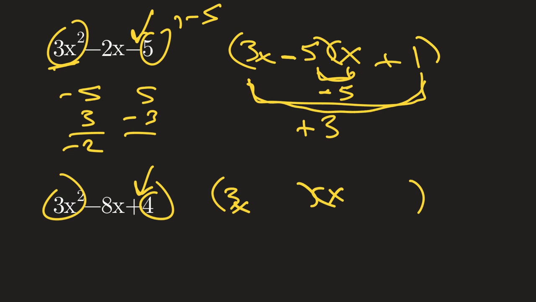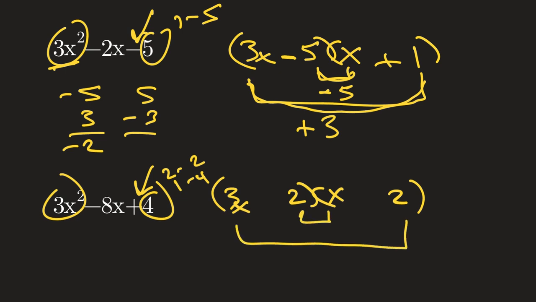What are they? There we go. Okay, so again, we have a number that has options, right? 4, we can go 2 times 2 or 1 times 4. And as I mentioned, strategy-wise, if I have options, I would probably start with the 2 and the 2. I would start with the factors that are closer together. So I'm going to choose 2 and 2 for my starting point, okay?